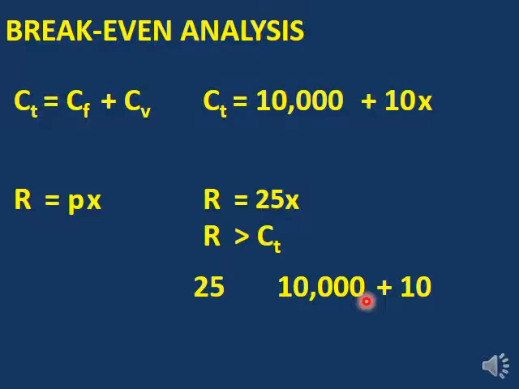So the purpose of break-even analysis is to determine how many apples you would sell in such a way that revenue is exactly equal to the expense. In this case, you can compute that the total number of apples to be sold for break-even is 667.